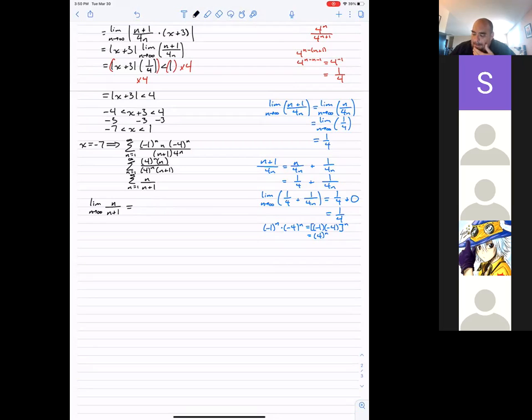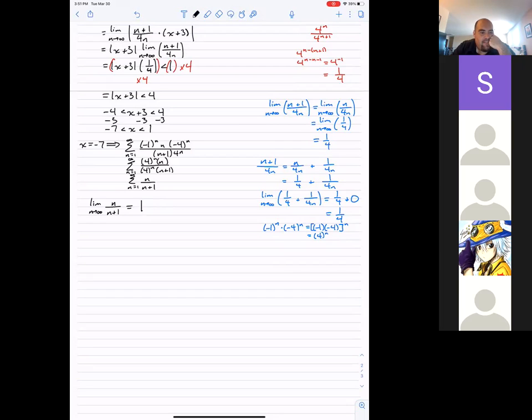What is this limit going to be as n gets very big? One. It's going to be 1, right? So basically, we're going to have a series that as n gets very big, we're just adding 1s infinitely.